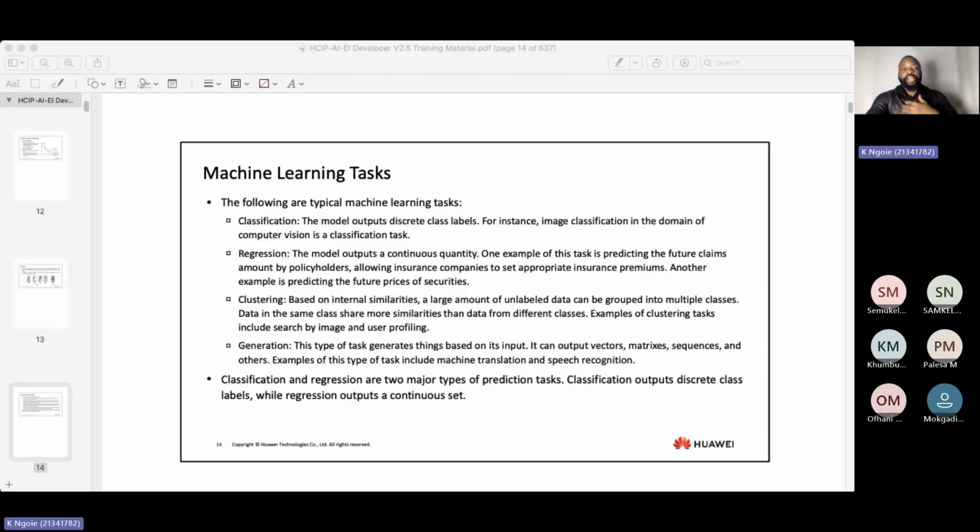For example, I want to provide pictures to my AI, and my AI needs to determine if this is a dog or a cat. That is a classification problem because there's a class of dogs and a class of cats. I have provided data of dogs and data of cats, so my model has been created to classify that. This is a classification task.